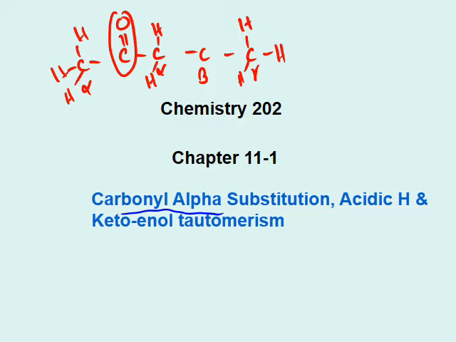Okay, so let me highlight those more acidic hydrogens. This is alpha, so that's acidic. This is also acidic. And on the other side of the carbonyl, these are acidic. So keep that in mind, that we recognize which ones are acidic hydrogens.